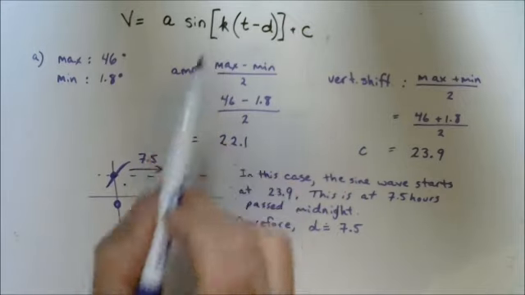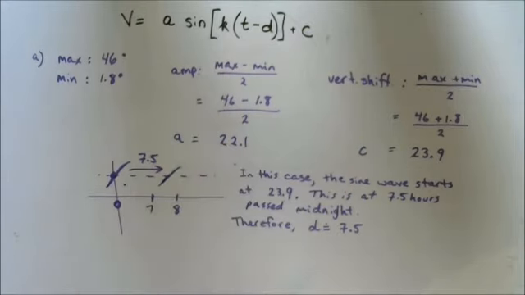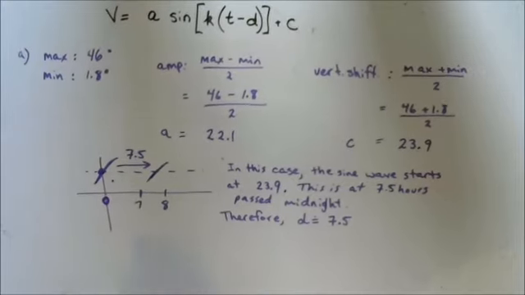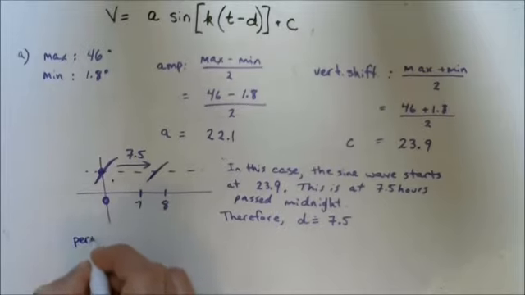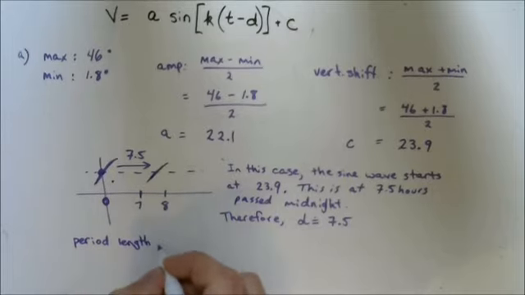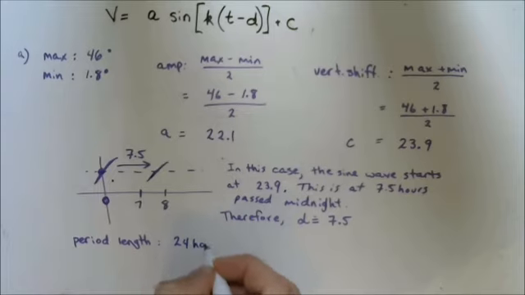Now we're just looking for K, which relates to period length. The period length in this situation, well, it's 1 day. So the period length is 24 hours.